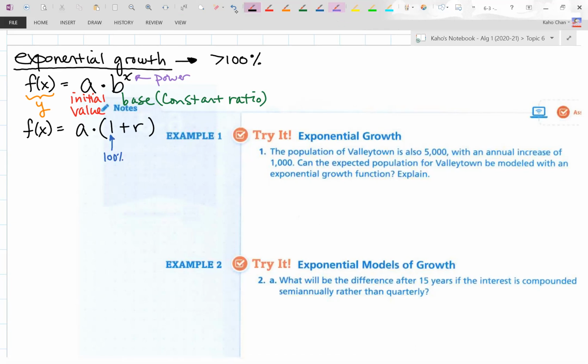Oh, forgot the power right there. Okay, the power is time. Just a reminder of that. r is the growth rate.